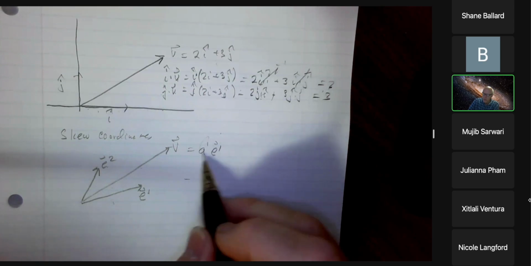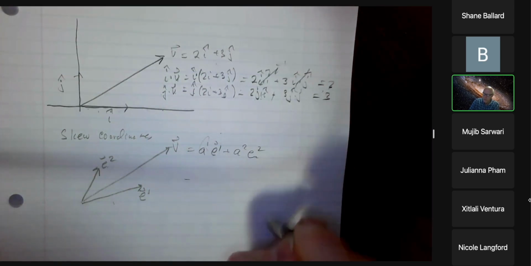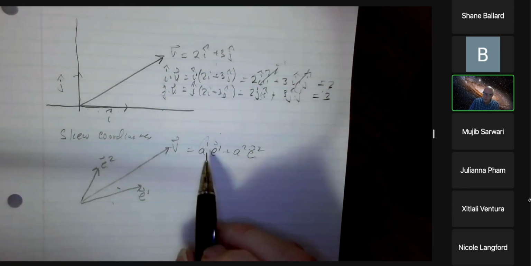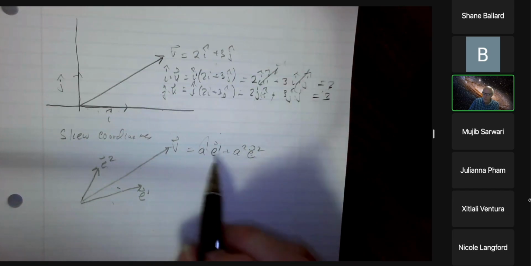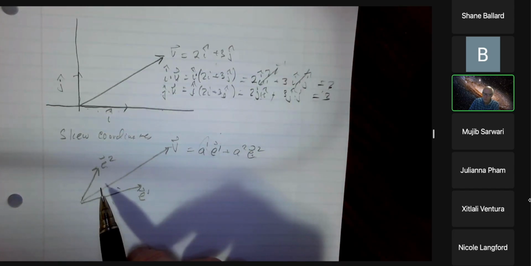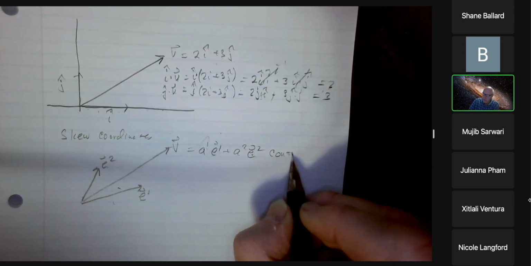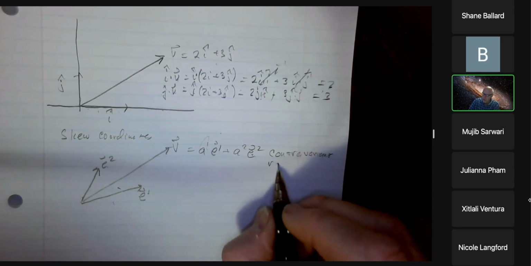That is, it's so many of these plus so many of these. So I'm deliberately putting these little superscripts here for the case of these, what are called basis vectors. And this is what's called the contravariant representation.